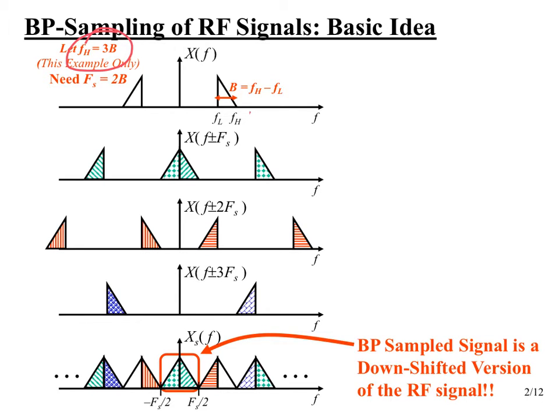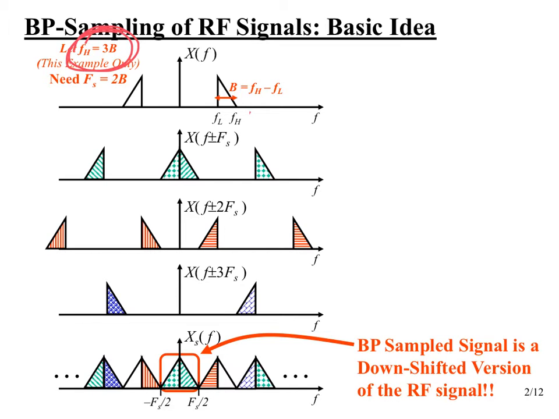Now, if we look at the classical sampling theorem that tells us we must sample at least twice the highest frequency, we would be looking at twice 3B, which would be 6B.